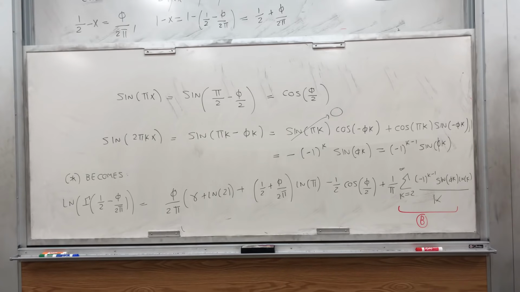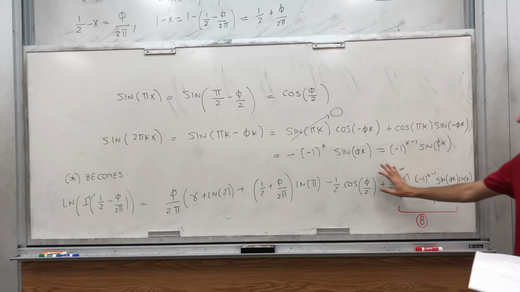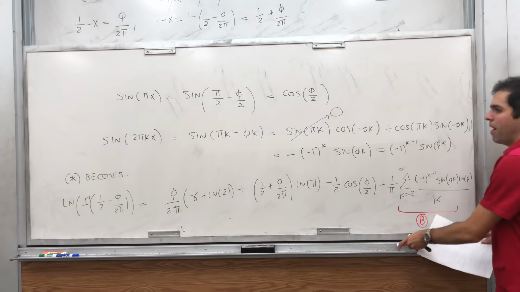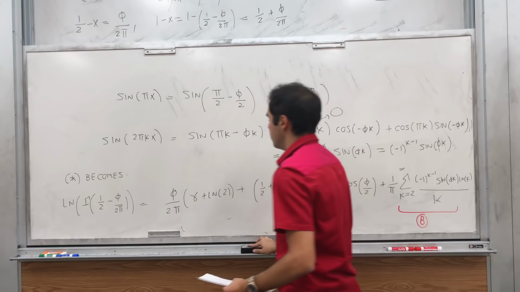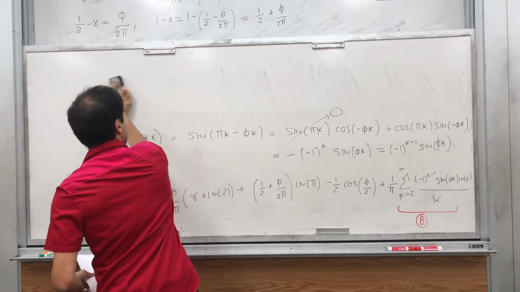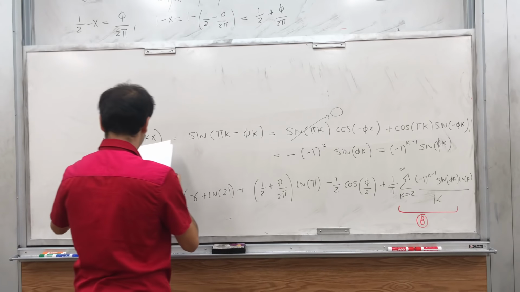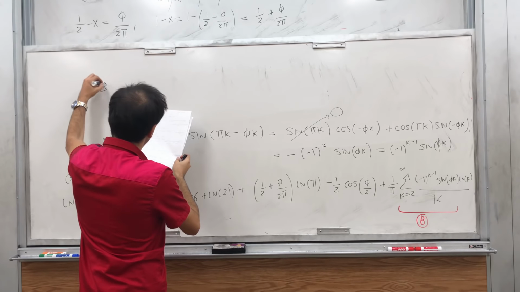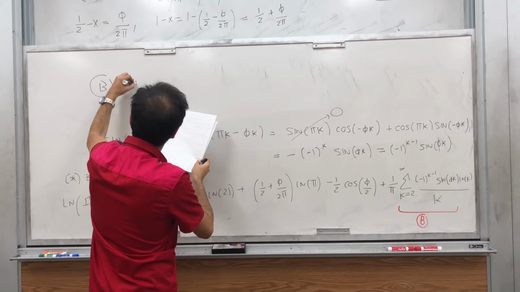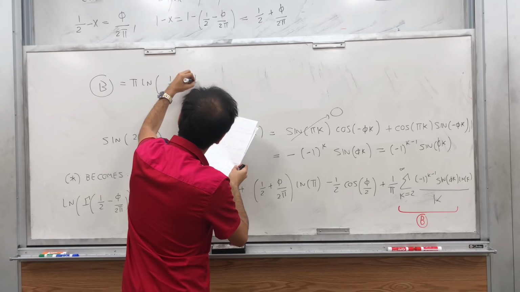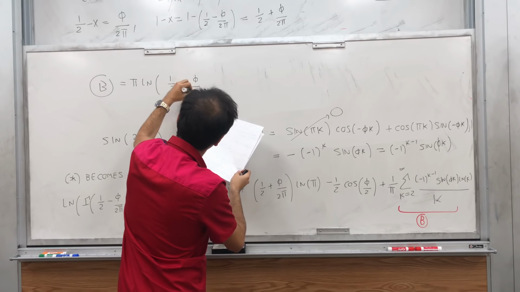This series, it's precisely the series that we wanted. So all we need to do is just solve for b. So put everything on the left-hand side and multiply it by pi. So if you want, in the end, what do we get? So b equals pi times ln of gamma of 1/2 minus phi over 2 pi.